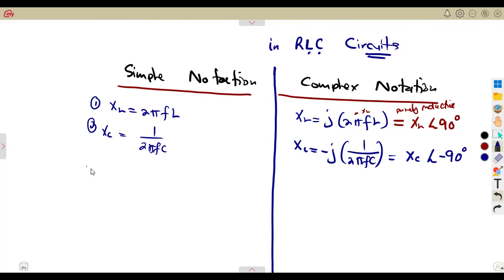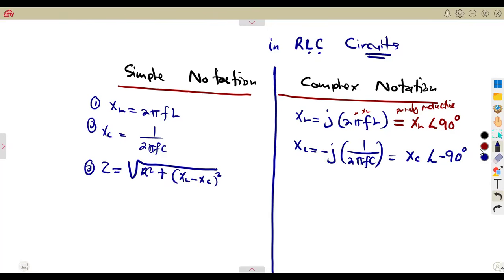You were calculating your impedance before, straightforward. The impedance Z is equal to the square root of R squared plus the difference: you compare whether XL or XC is bigger, then you subtract, then you square it.